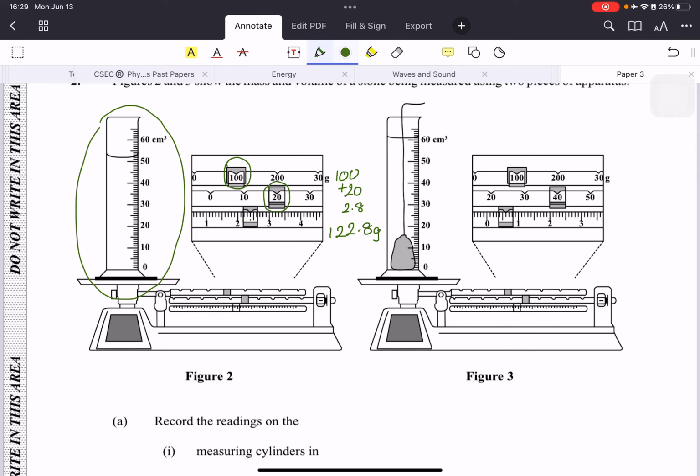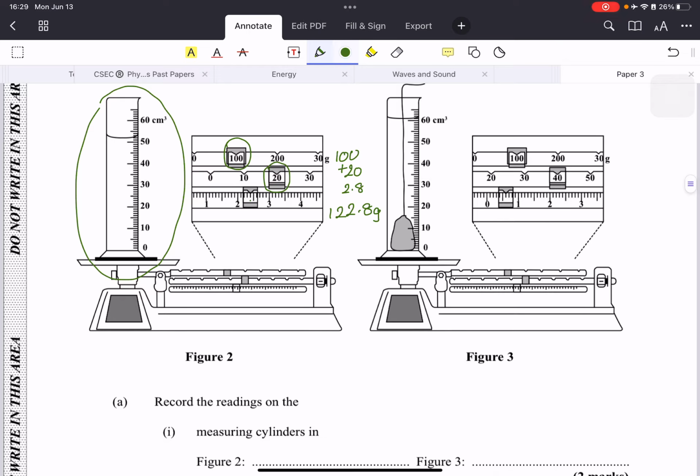Now we have to measure the weight with the stone. So we could take them away and find the mass of the stone, right? So let's try again. We have 100, then we have 40, and then, sorry, no, this is wrong. This is 2.4 actually, my apology. Right, so we have 0.1, 2, 3, 4, 5, 6.